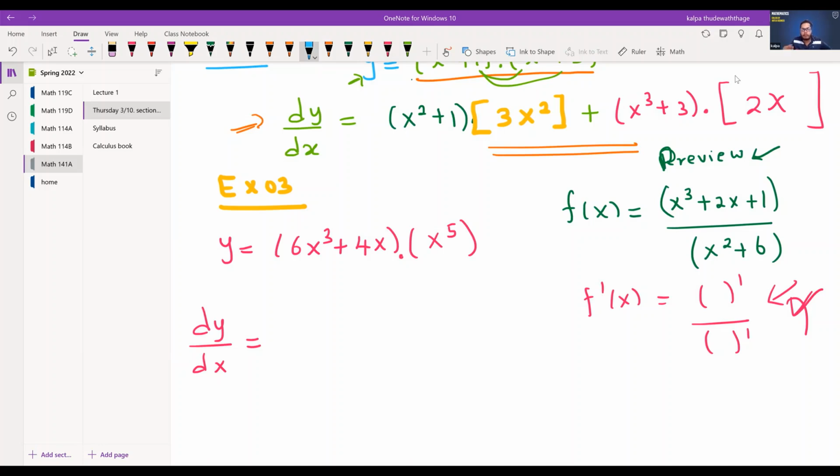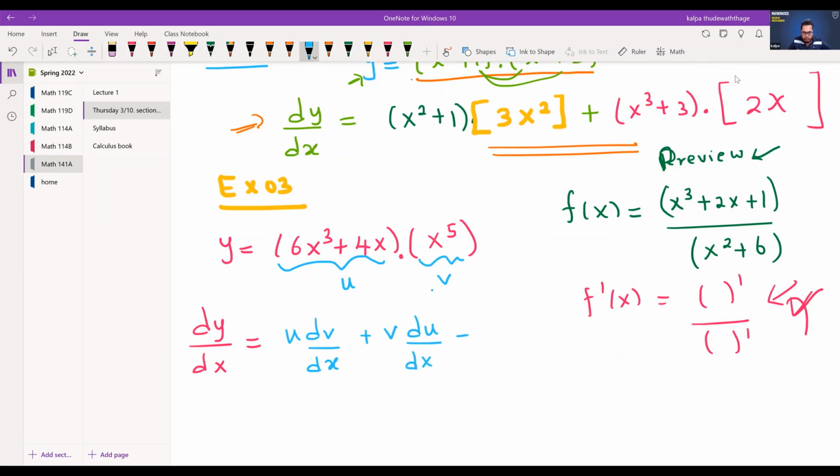Since this is the first time you heard about the derivative rule, you can always label this as your u and this as v, and just write the differentiation rule: du, you take the derivative of the other guy; v, you take the derivative of the other guy.